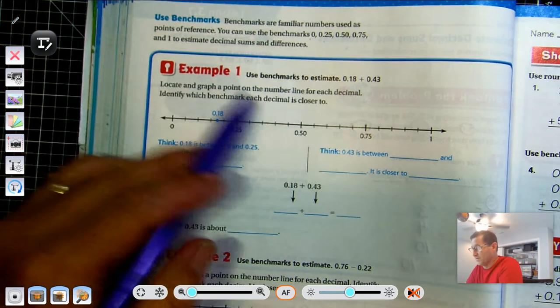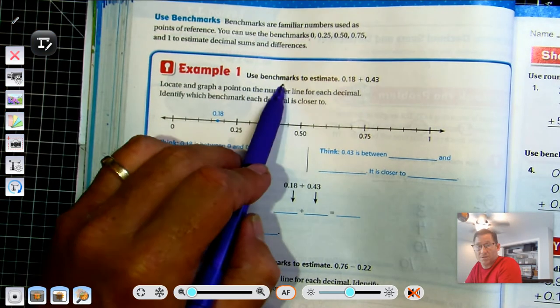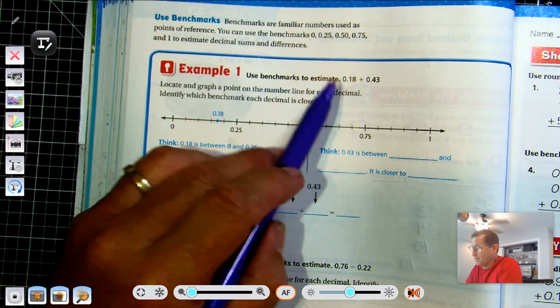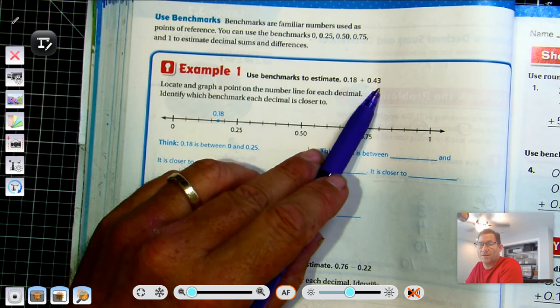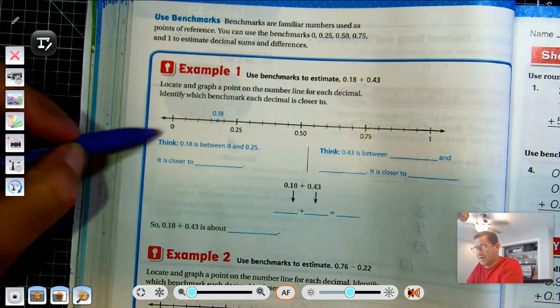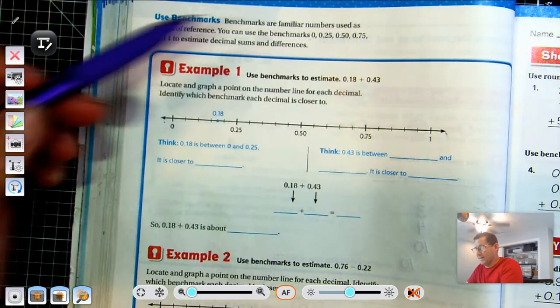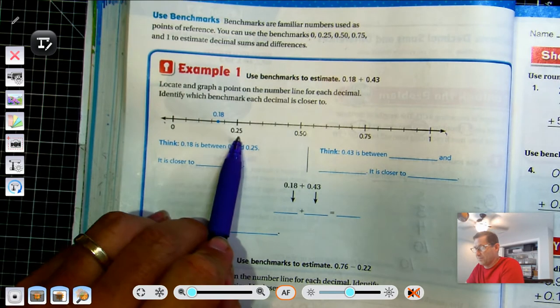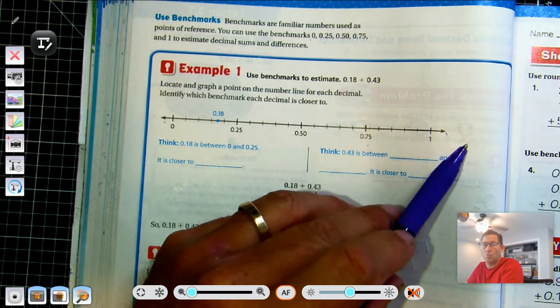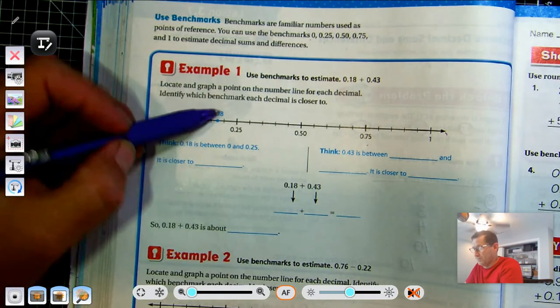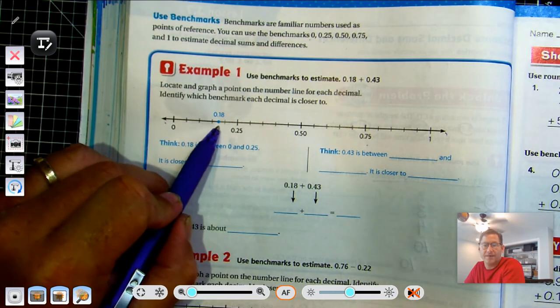So let's look at this one. Use benchmarks to estimate 18 hundredths plus 43 hundredths. So if we have a number line and we go from 0 to 1, our benchmarks would be here: 25 hundredths, 50 hundredths, 75 hundredths, 1. So 18 hundredths would go right about there, right?